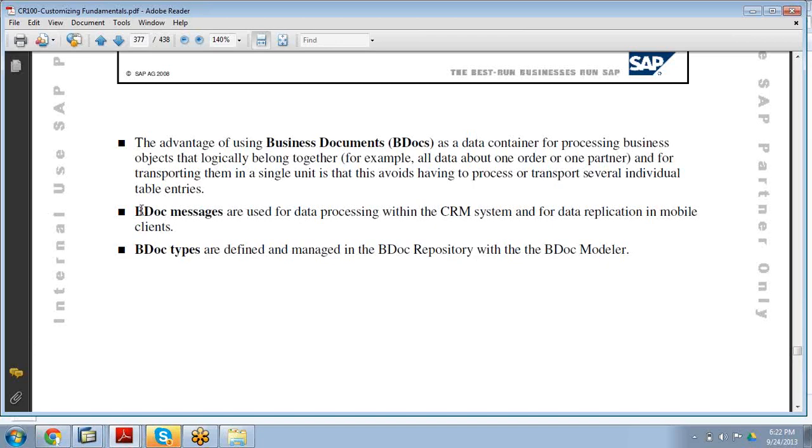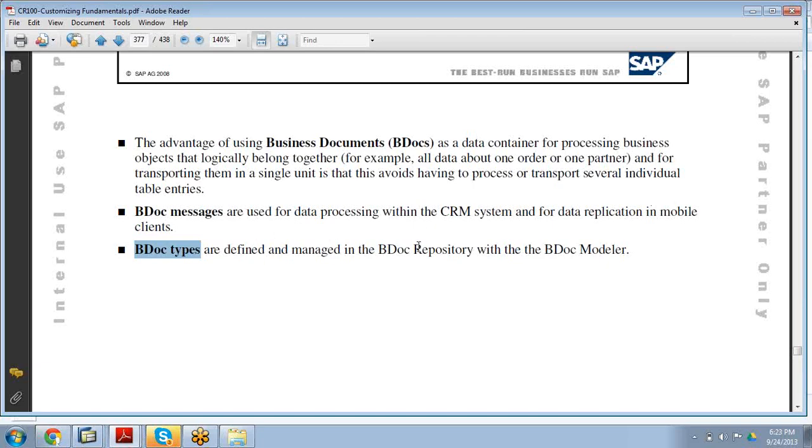And write this. What is a BDoc message? There are two things: BDoc messages and BDoc types. We will see in detail what is the difference between both of them. BDoc messages are used for data processing within the CRM system and for data replication in mobile clients only.